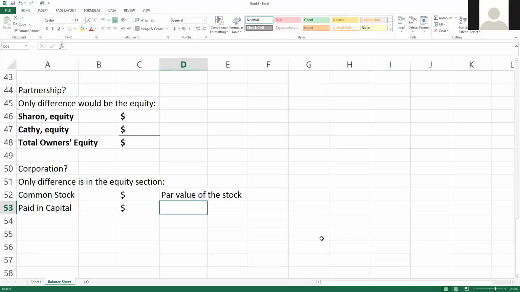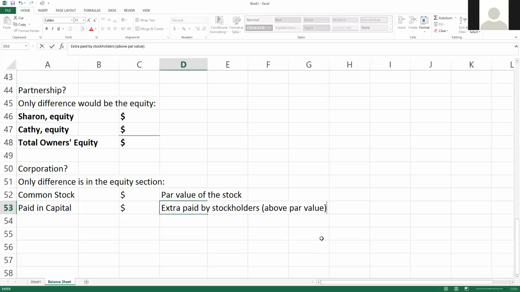Paid in capital, this is the extra paid by stockholders. It means above par value. Okay, so let's get into the discussion of par value so you can follow along with what I'm saying. Every share of stock has almost like a denomination on it.